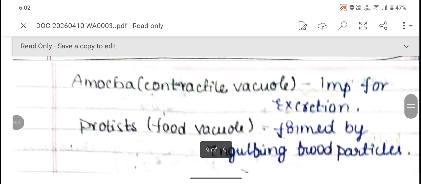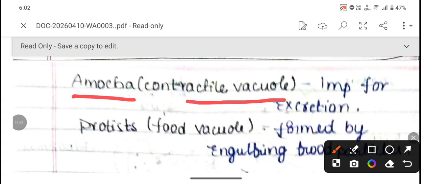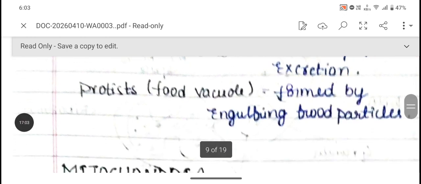In organisms like amoeba, there is a contractile vacuole which is important for secretion, and in protists there is a food vacuole, formed by engulfing food particles.